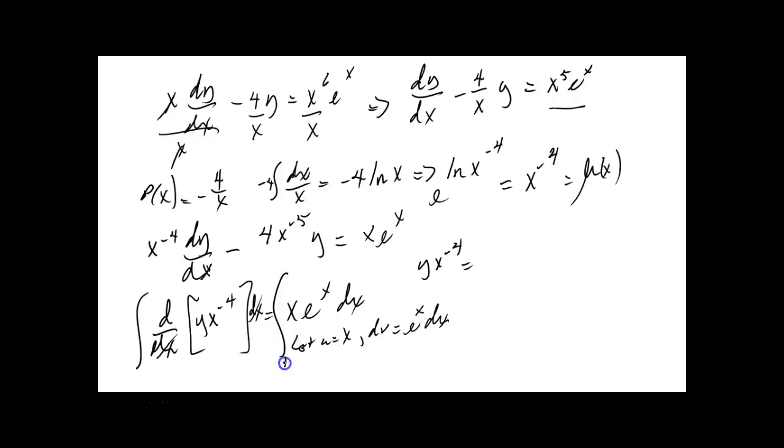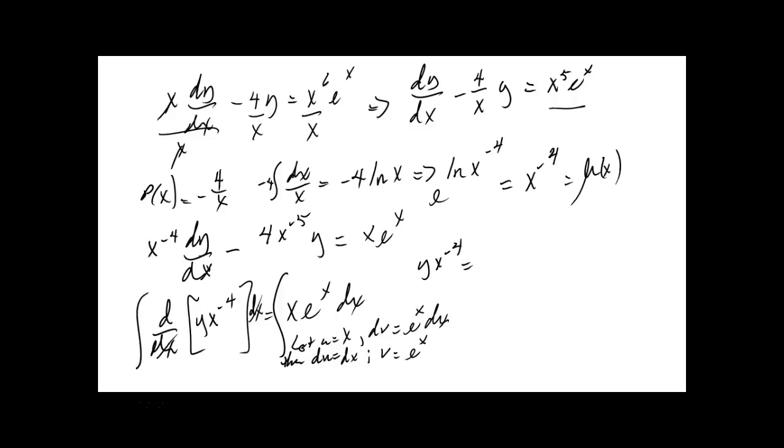We then have du is equal to dx. That's just pretty straightforward. And when you integrate this, you get v is equal to e to the x. Yeah. Because dv is e to the x dx. So that's fine.